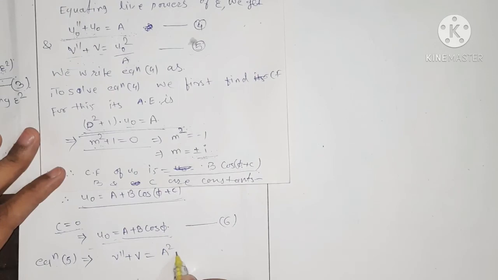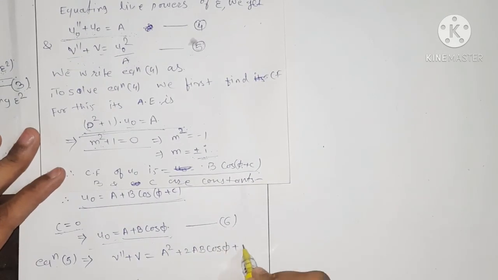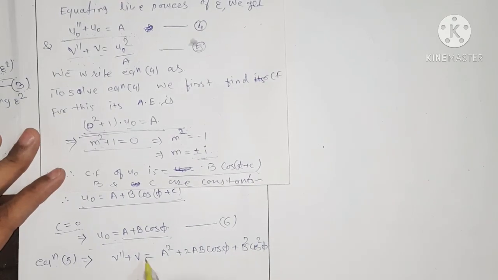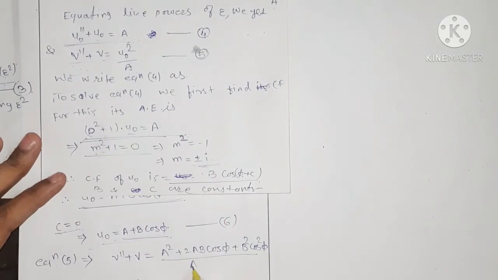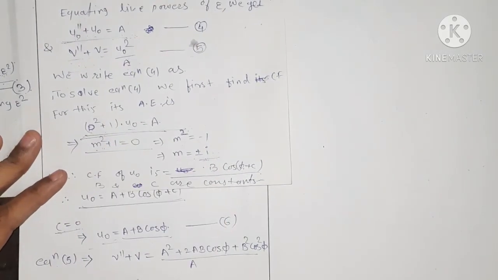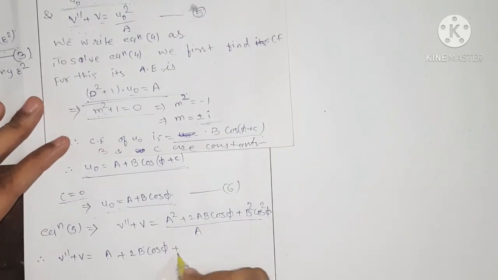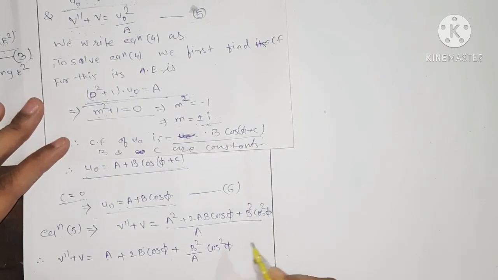This is a square plus twice a into b into cos phi plus b square cos square phi, divided by capital A. So we have v double dash plus v equals a square upon A, plus, this a cancels out, twice b cos phi plus b square upon capital A cos square of phi.